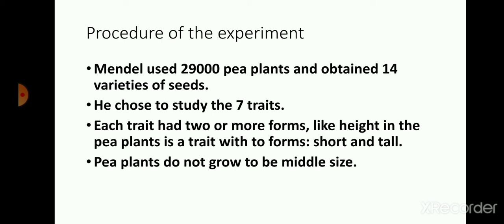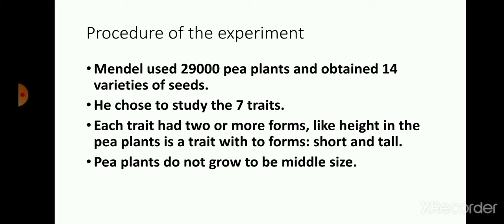That is, a pea plant having tall height, also a pea plant having short height. A pea plant having flower color, it may be purple or it may be white. So these contrasting characters have 2 forms of the traits, and these are useful for the experiments of Mendelian work. Also the pea plant does not grow to be middle size.